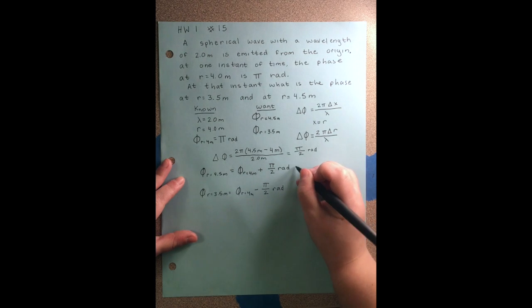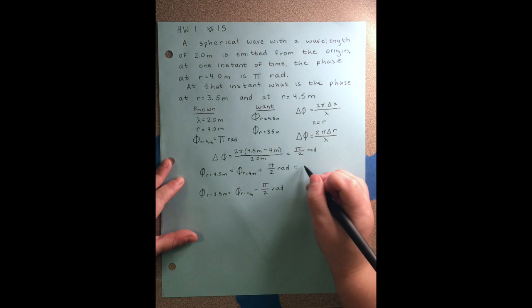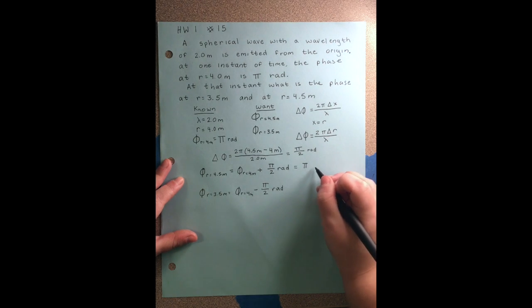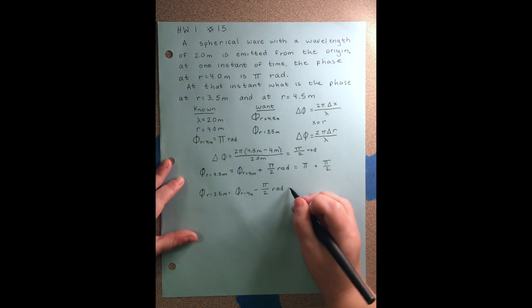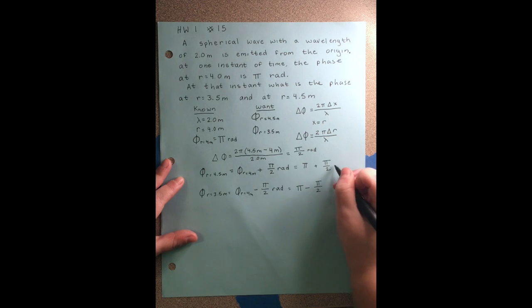Now I'm going to put in the numbers, and you get pi plus pi over 2 and pi minus pi over 2. And so for this one you get 3 pi over 2, and this one is just pi over 2.